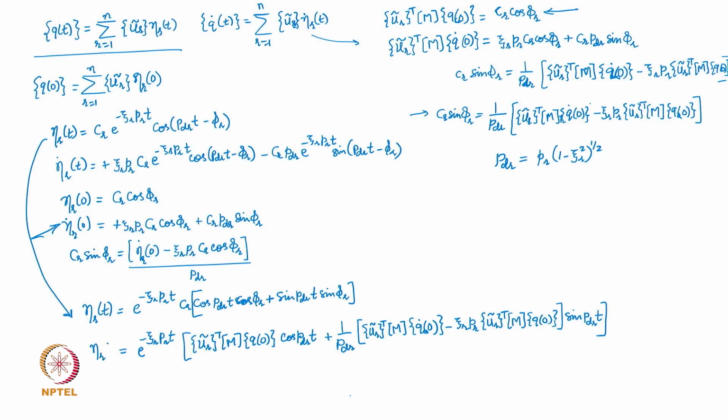And once you do that, we have one last thing to do, which is to write q(t) in the form of this matrix equation, and you can replace eta_r(t) completely here, which I am not going to write, and it is simply going to be multiplied by U_r(t).